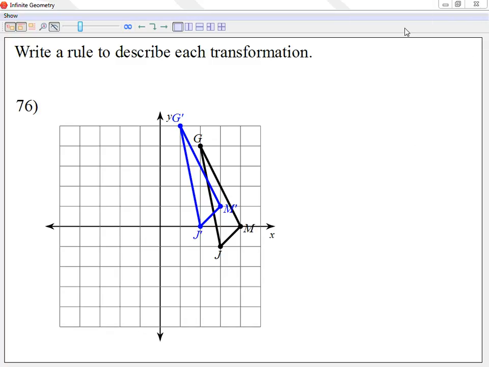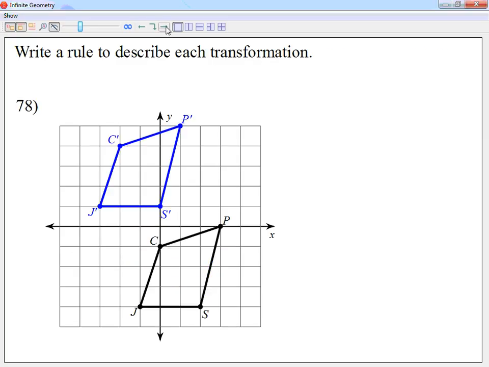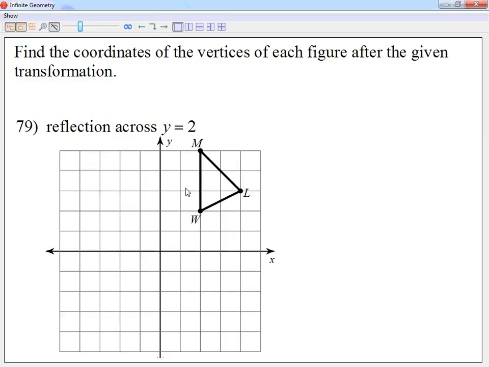All right. Now for 79, reflection across y equals 2. I know my y equals 2 is that line. Find the coordinates of the vertices of each figure after the given transformation. Let me reflect it first.